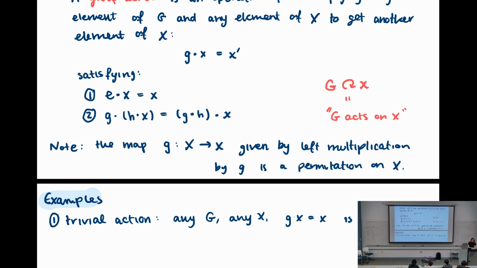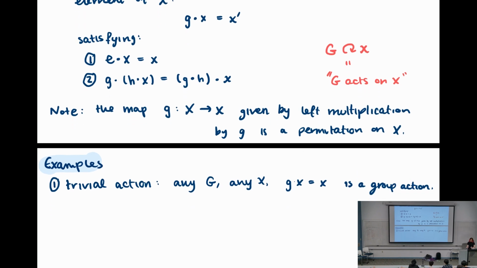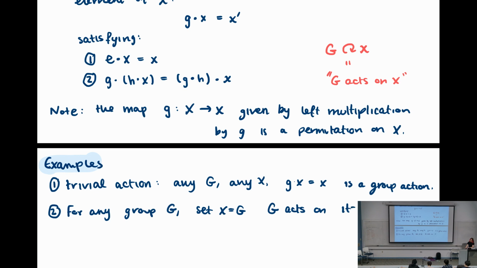Okay, let's see another, a less trivial one. Number 2, for any group G, if we set X to be equal to G, then G acts on itself by left multiplication.